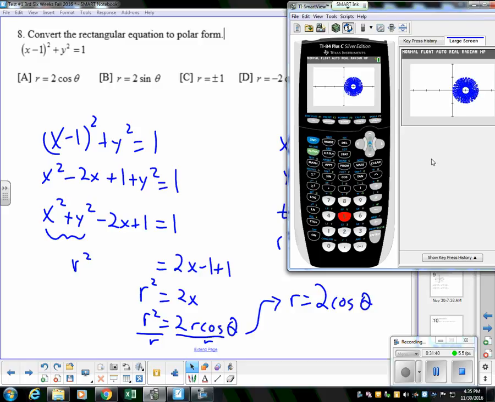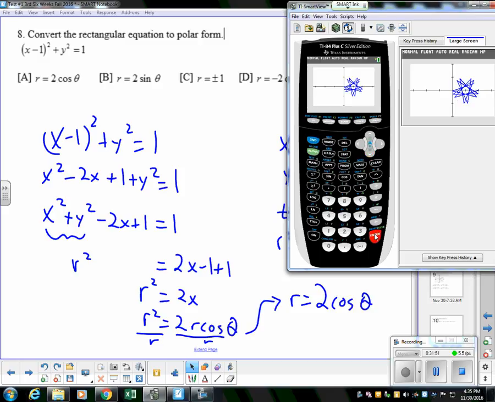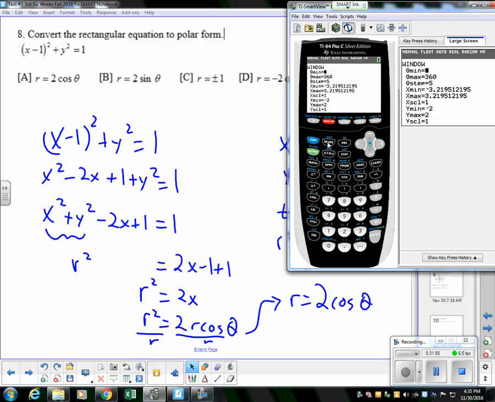If I just go back to a zoom 5, it's not going to look quite so crazy. Well, maybe it does. Zoom square. Let me do this one more time. Okay, I'm going to go to a standard window.